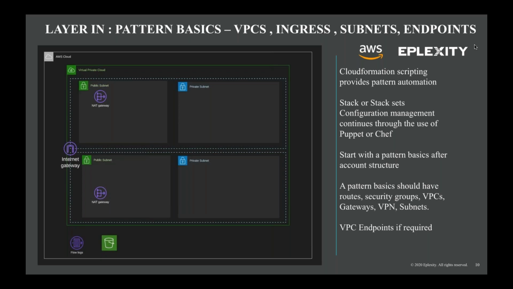But you also have the opportunity to do multi-stacks or stack sets for a variety of different aspects of creating this pattern. So it doesn't have to be in one massive CloudFormation script. I have certainly seen those and have tried to debug those, and I will say it certainly is a chore when you know that 99% of the stack is working and only pieces and parts are failing.